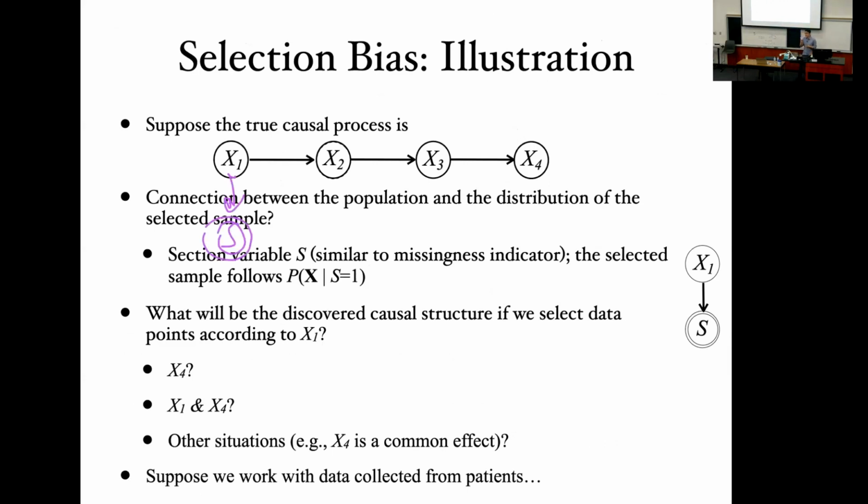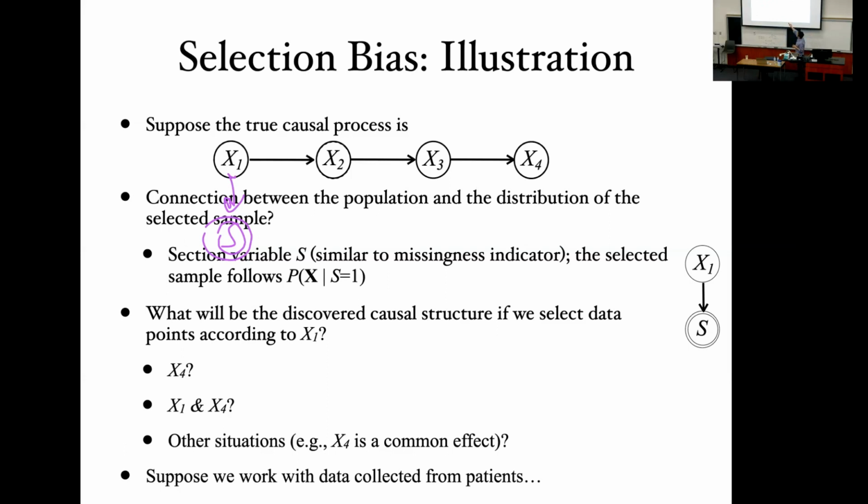When you try to see d-separation relations, you always condition on this variable, because you always work with this conditional distribution. And in this graph, if you further condition on this variable, you don't change any d-separation relations. So if you have selection only on X1, totally fine.